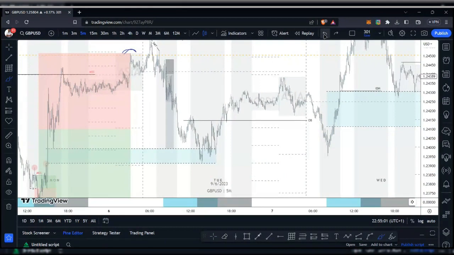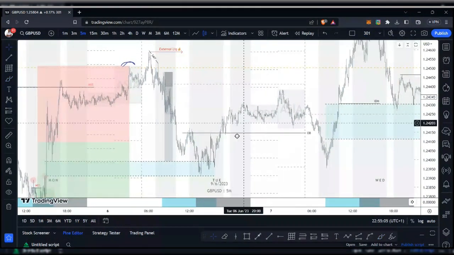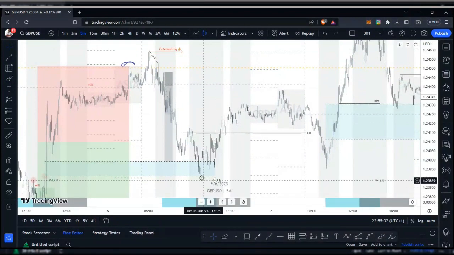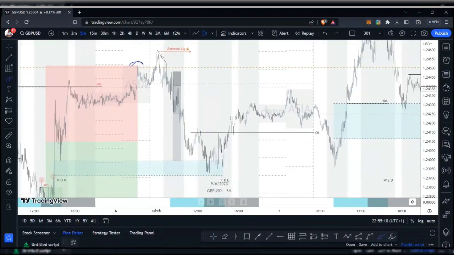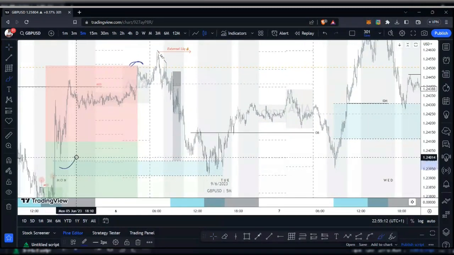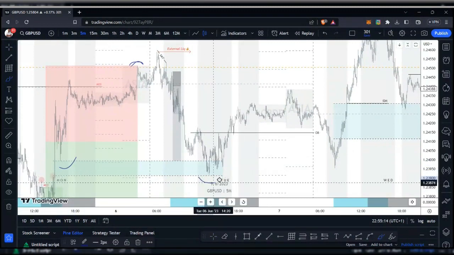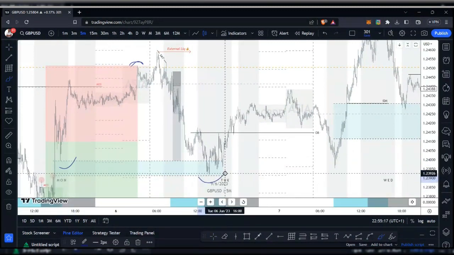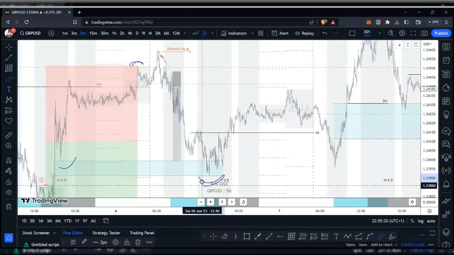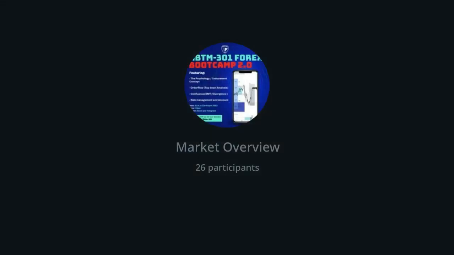But you could have had it in mind that external liquidity has been raided. Check. External liquidity has been raided. Check. You have formed a new low. There's something here that I know a lot of guys here will know.